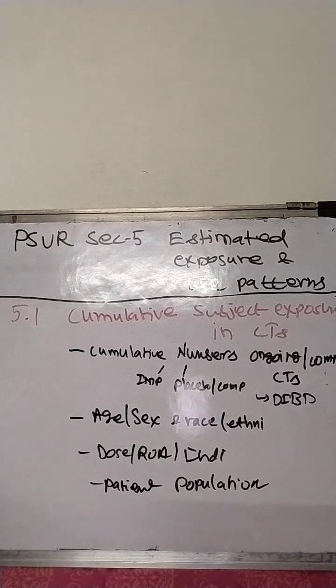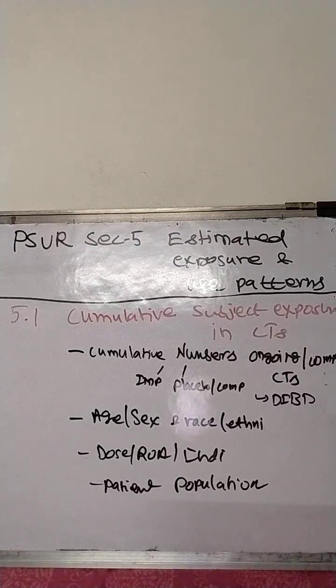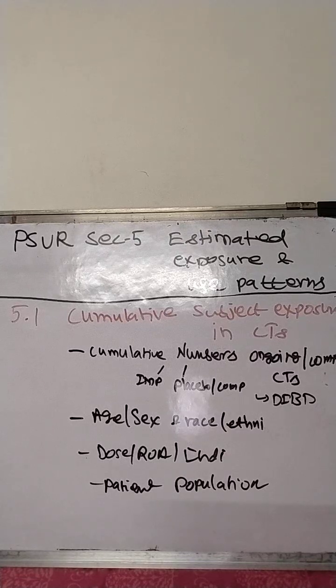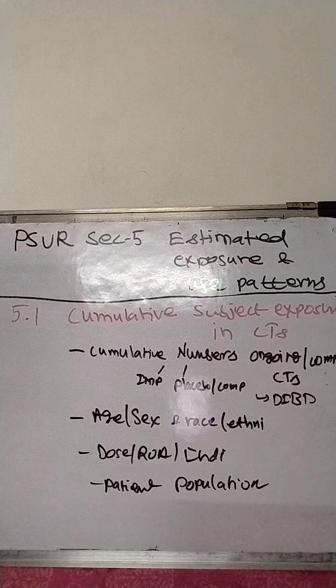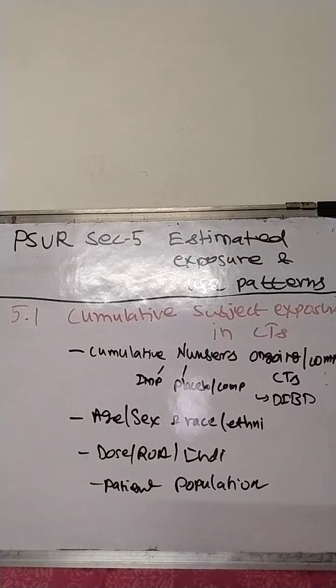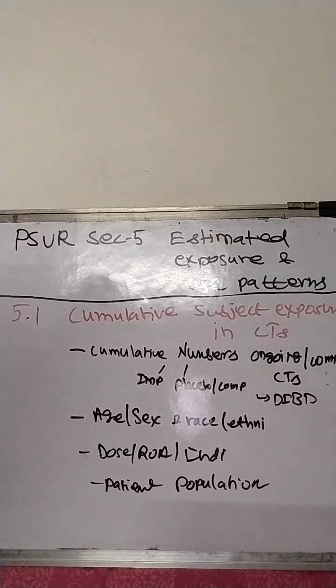So when we go to section 5.1, cumulative subject exposure in clinical trials, each marketing authorization holder might have their own company template. But the guideline provides the boundaries on how it is to be done, with example tables. Everything has been given in the GVP guidelines; you can refer to that.